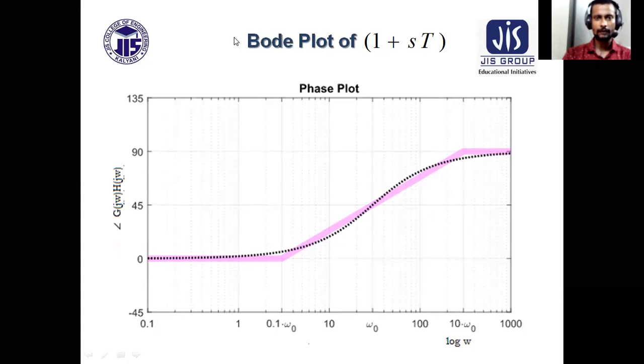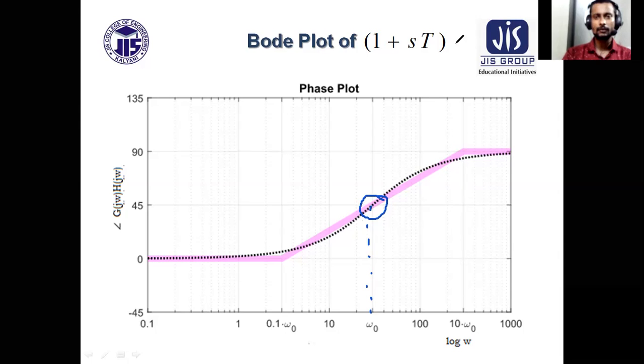Then at corner frequency, at omega t equals to 1, it is 45 degree. This is corner frequency at omega 0. And again it will move to 90 degree when omega is much larger.